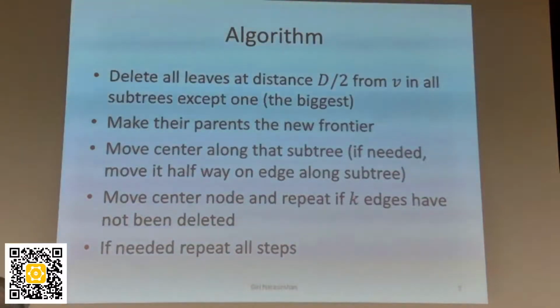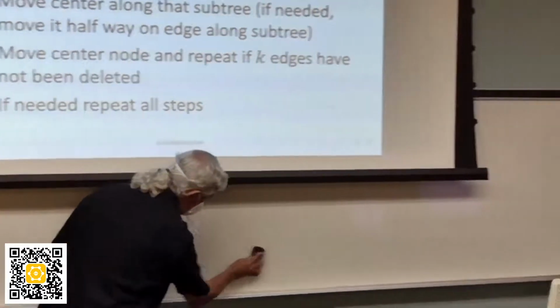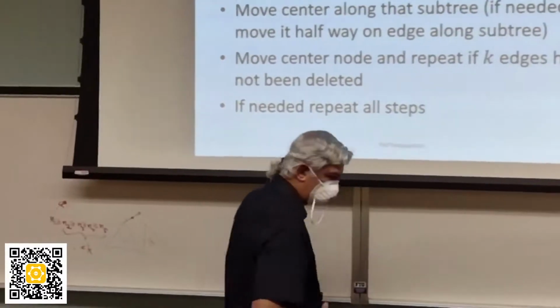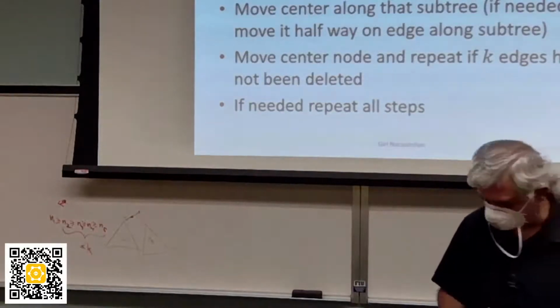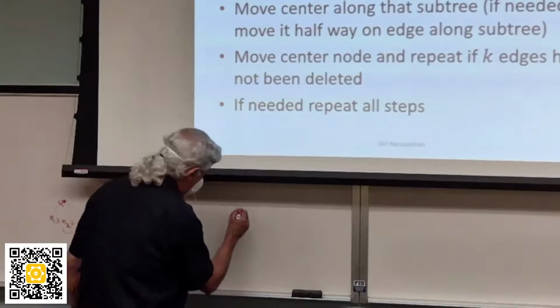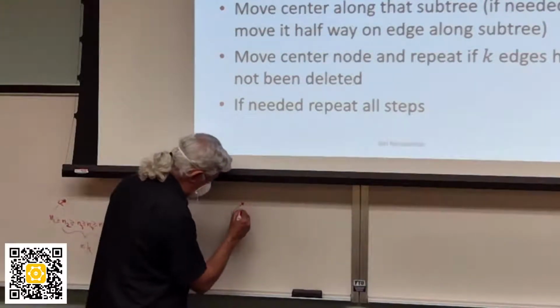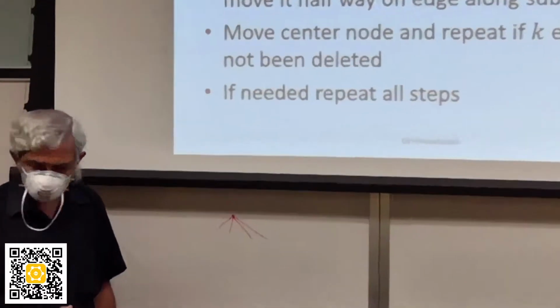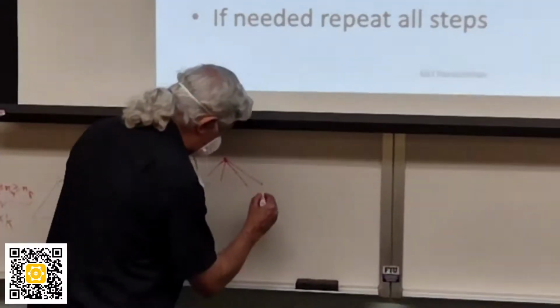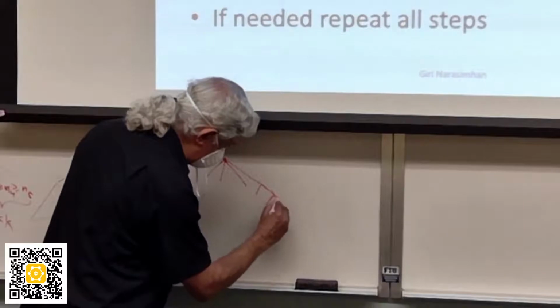Right. So let me try and redraw this, and maybe we can try and convince ourselves. Okay. Let's see if we can work this out. Here's our current center, and it has many branches. In each branch, let me draw one of the branches in some detail.